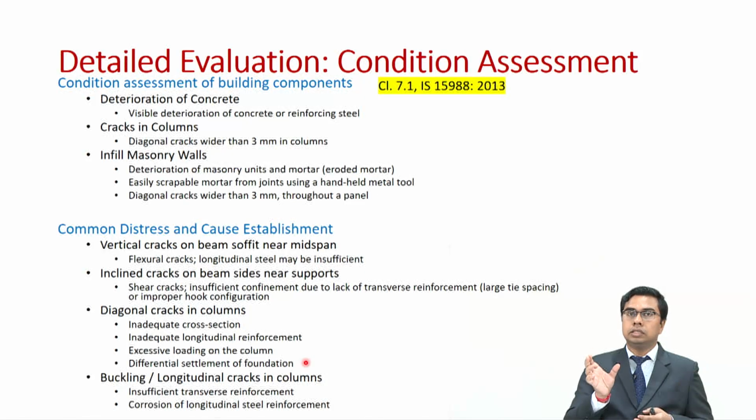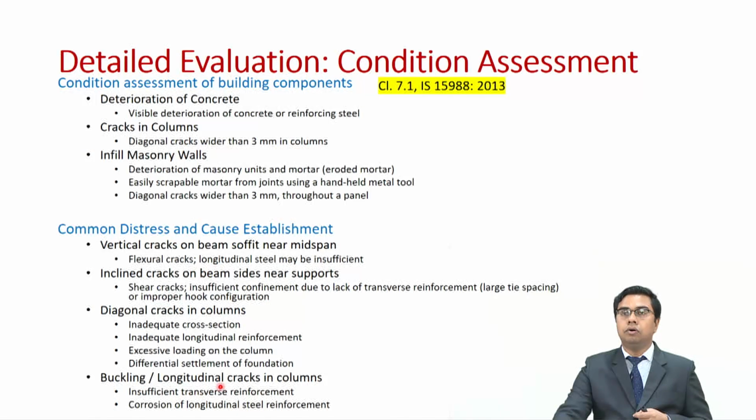From one distress sign you can think of two or three reasons why it would have taken place, but based on different signs of distress in the building you can conclude what can be the most probable reason. Then if you have buckling or longitudinal cracks in column, we can conclude that the transverse reinforcement would be insufficient, or your longitudinal steel would have corroded.